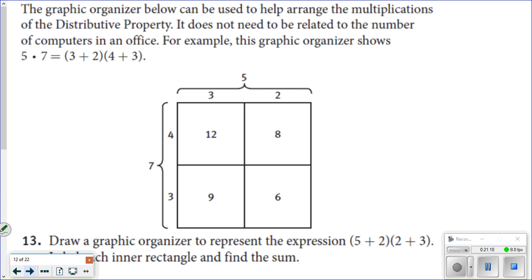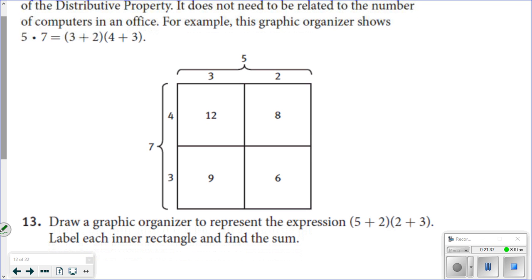And we're going to go to question 13 on the top of page 373. The graphic organizer, also called the box method, below can be used to arrange multiplications of the distributive property. So if we're looking at this, it doesn't have to be related to the number of computers in an office.